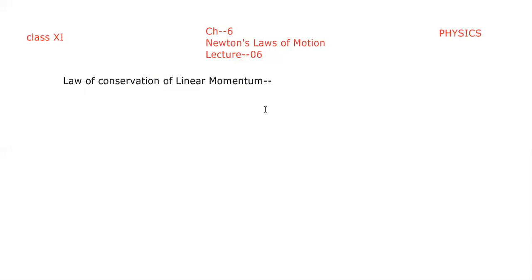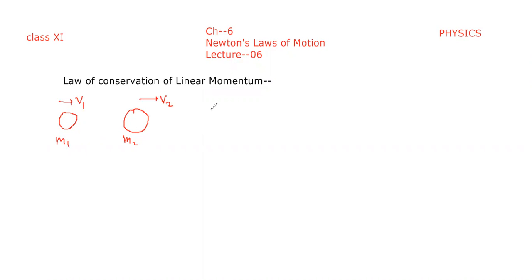So see, at any instance, suppose two bodies having masses m1 and m2, both are moving with the velocities v1 and v2.